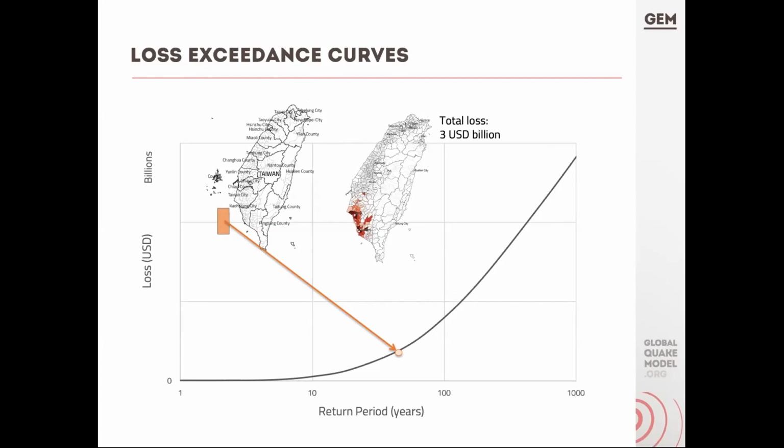Let me rephrase that. I cannot repeat the question to the online participants. Is it okay to take the total loss, or can you take, for example, the maximum loss or the average loss in the distribution?